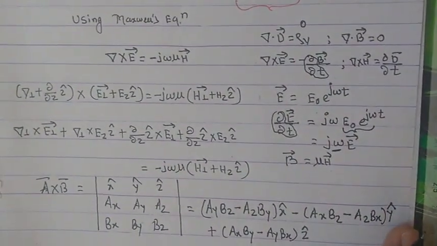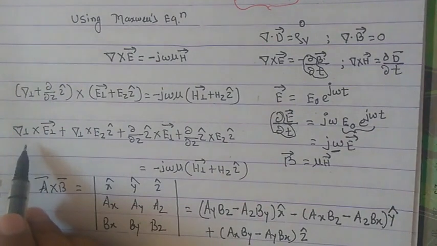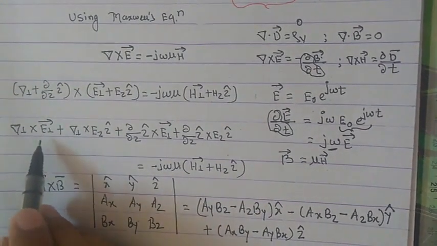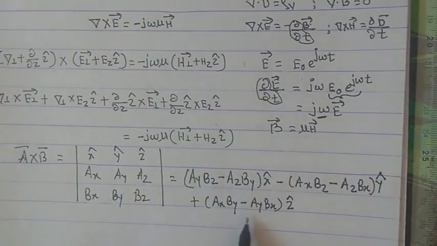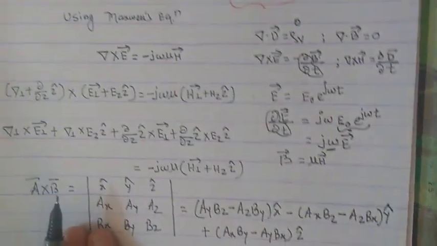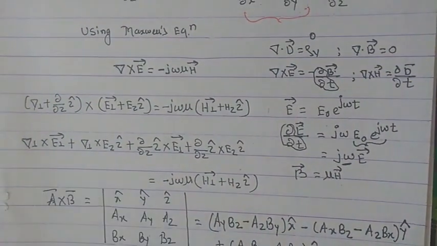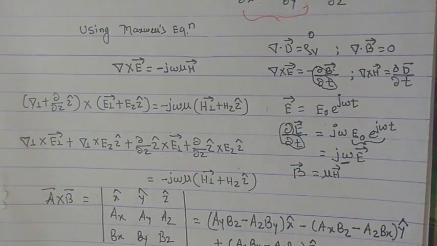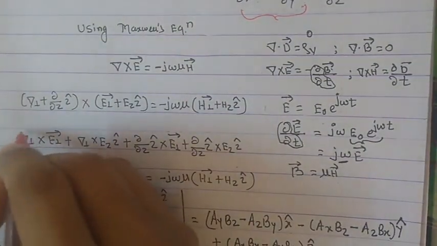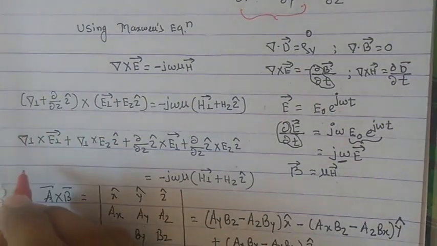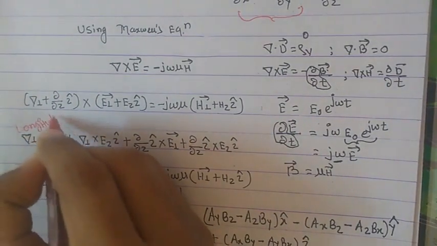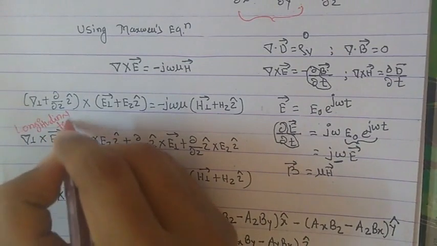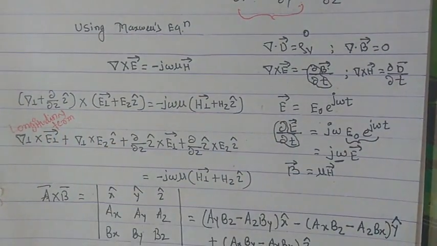Applying this knowledge, we have two transverse terms here, so obviously the resultant cross product will lie in the longitudinal direction. So the first term will be a longitudinal term. Similarly, we have to write for the remaining terms whether they are transverse or longitudinal.